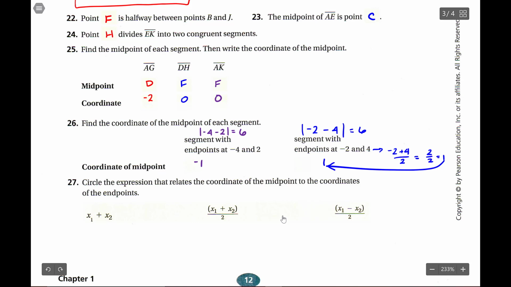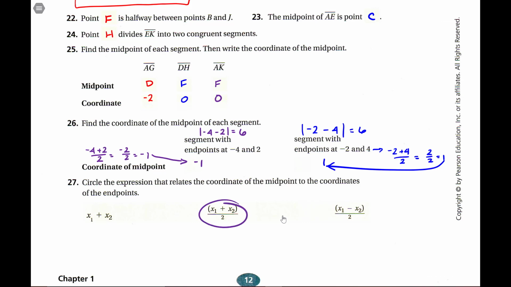If we look at the preceding part of that same example, we have negative 4 plus 2 over 2 is negative 2 over 2, which is negative 1. So we are looking at adding the two x coordinates and then just simply dividing by 2. And that's how you find the midpoint given the coordinates.